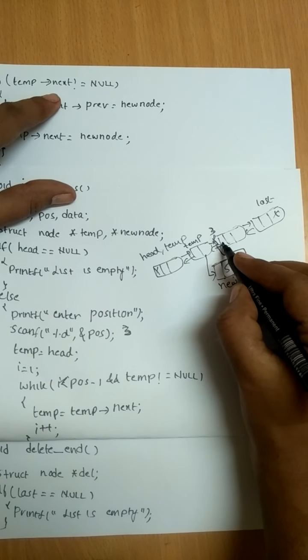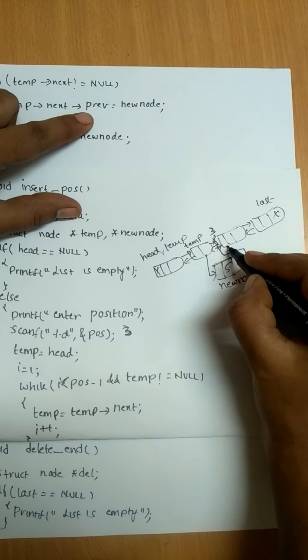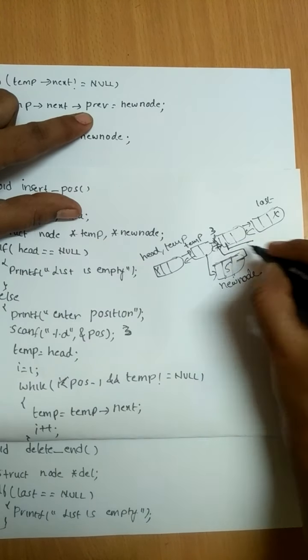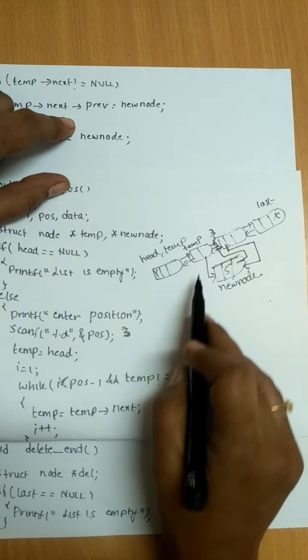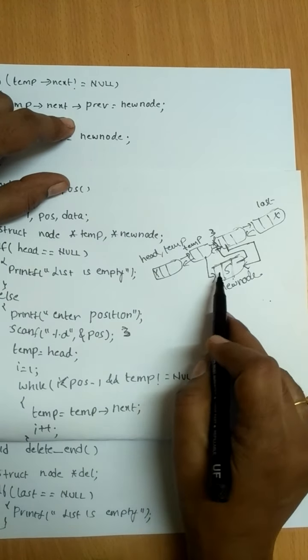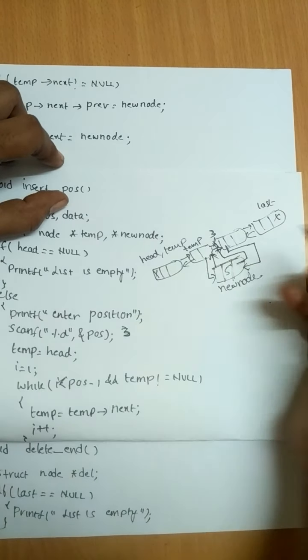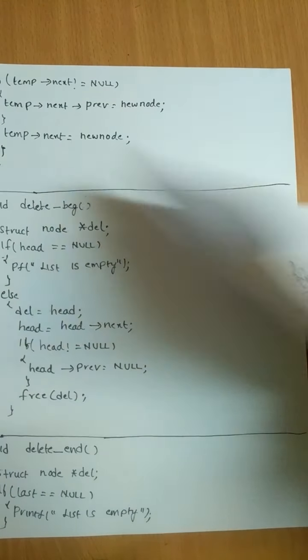So temp of next of previous equal to new node. In this previous address field of the temp next node, we have to store the new node. Now in the temp next field we have to store the new node address. This is how to make the new links. This is how to insert at a required position.